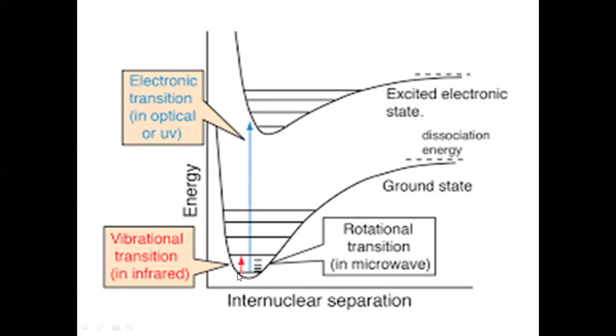The molecule's vibrational energy is changed after absorption of radiation from V0 to V1 or from V0 to V2. Now each vibrational energy level is again divided into rotational energy levels. When you change the vibrational energy of the molecule, naturally the rotational energy also changes.